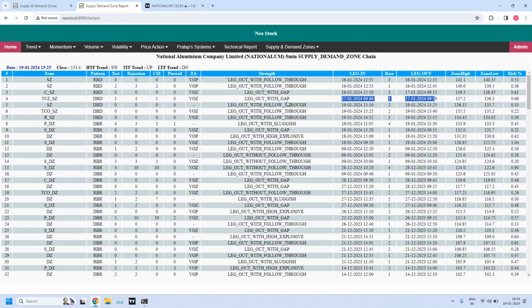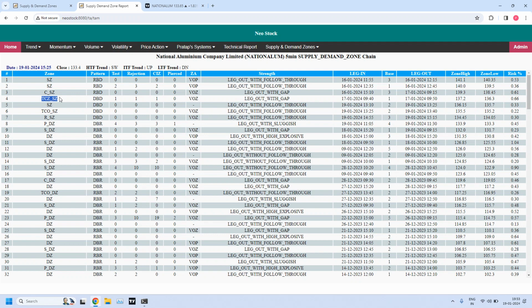This zone, what kind of zone is it? Our software generated this zone as a low priority high liquidity zone. Within the high liquidity zones, I have given different priorities. In one of the past high liquidity zone videos, I explained the priorities of NeoStock high liquidity zones.